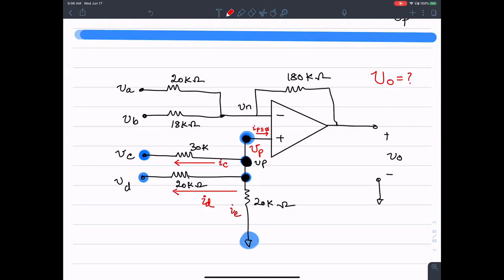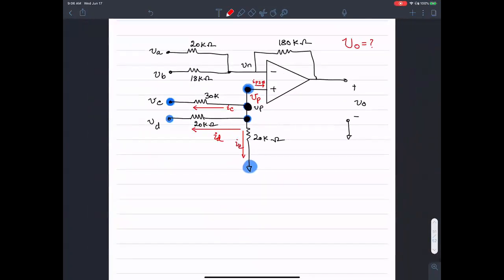How about IE? As well, going away from VP. Like so? Yes. Here, when I apply KCL, it's going to come out as currents leaving the node VP, and the sum of all of that goes to 0.